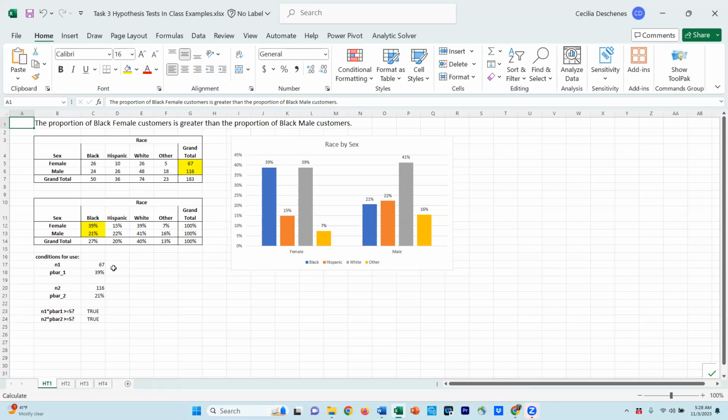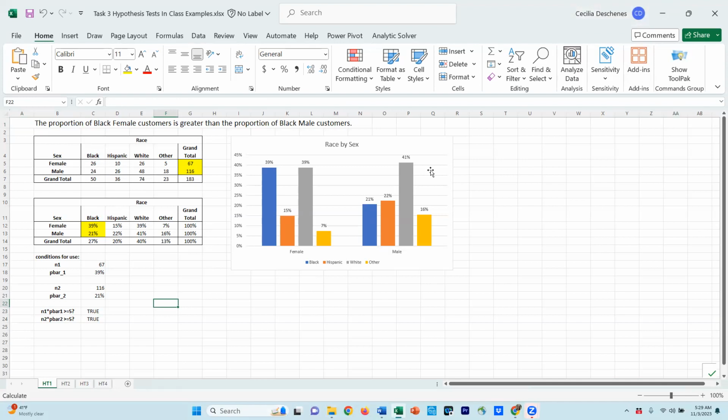All right. So the next thing I said, okay, well, now because this has the word proportion in it, and your postulates are always going to have either the word proportion or mean. So this one's proportion, so I know that I need to go figure out what kind of test.